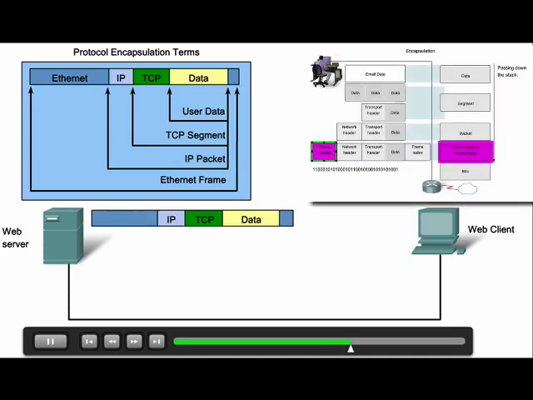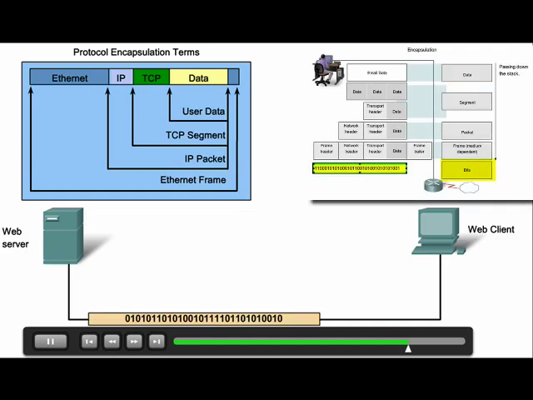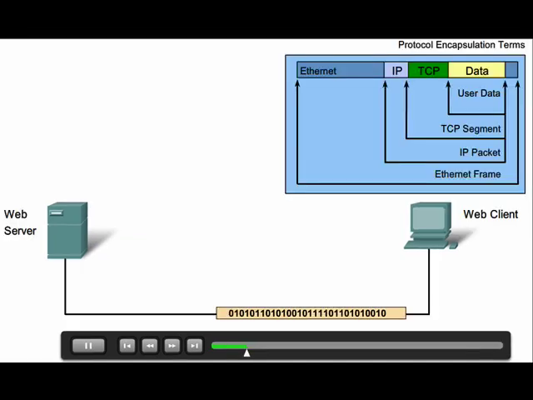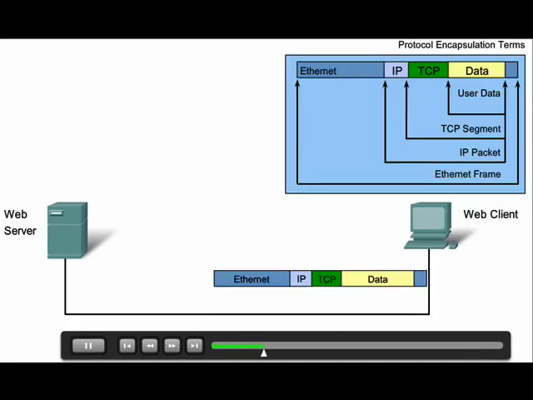Next, the IP packet is sent to the network access layer, where it is encapsulated within a frame header and trailer. Each frame header contains a source and destination physical address, and the trailer contains error-checking information. The bits are then encoded and placed onto the network media by the network interface card of the server. When receiving a message on the destination side of the transmission, this process is reversed.